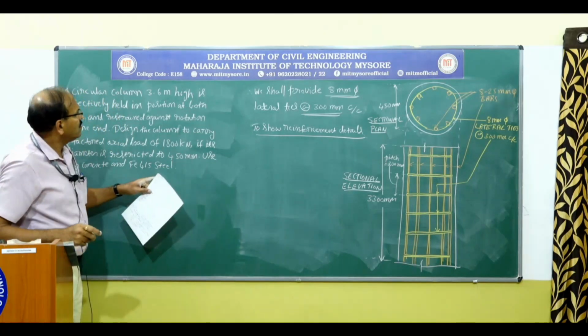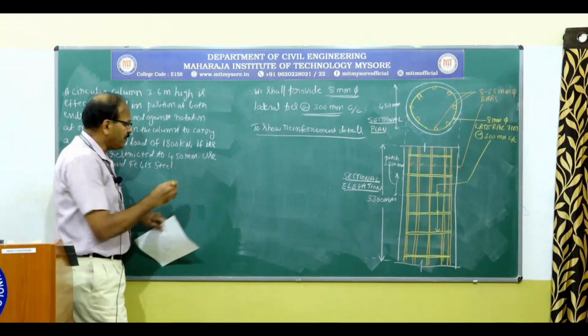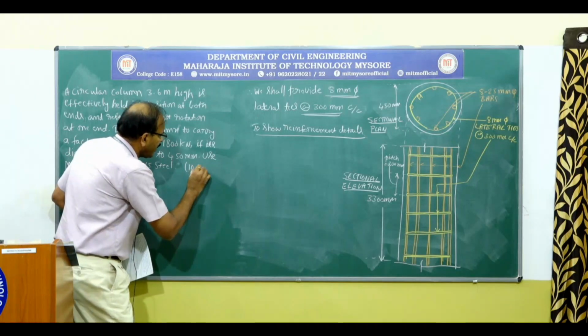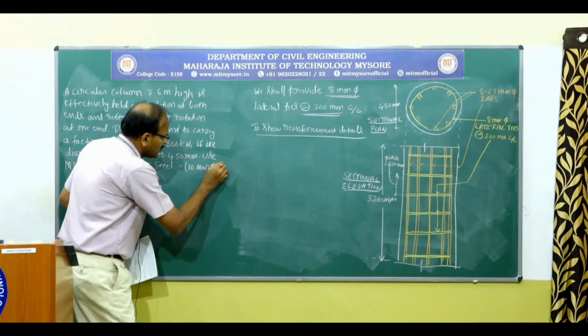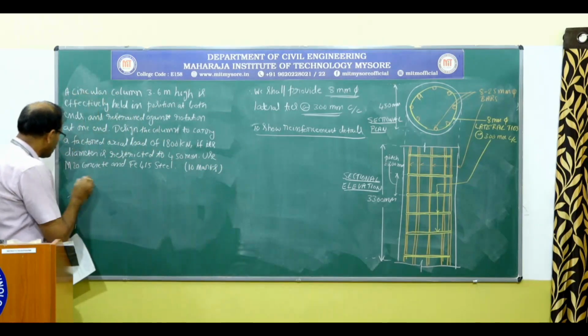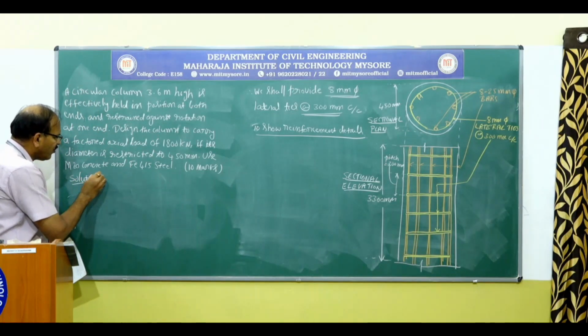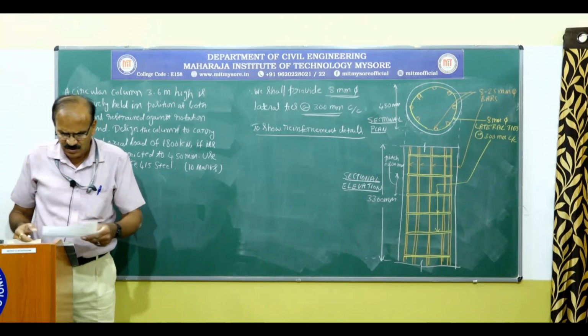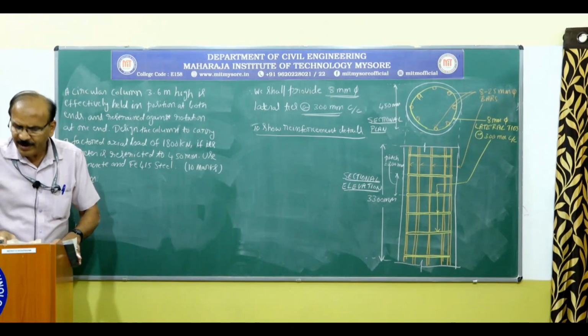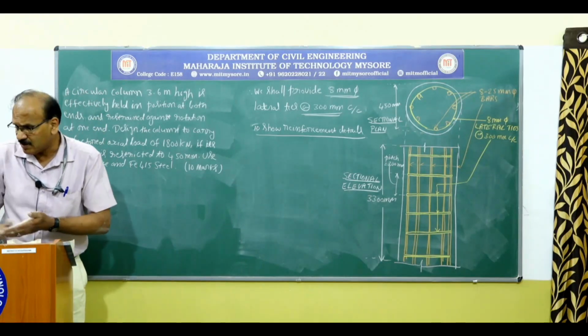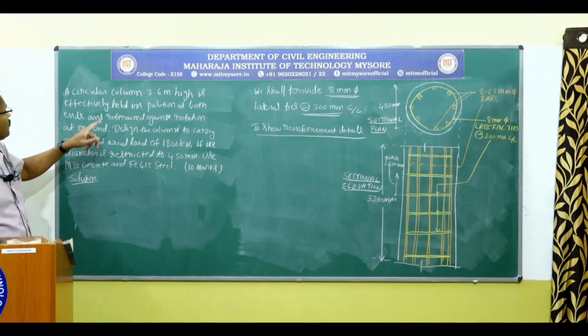This problem was from one of the examinations and this question carried 10 marks. So I am not going to solve this problem, I am going to give you the required explanation for this. So you go ahead and solve it. See, let us go through the problem.